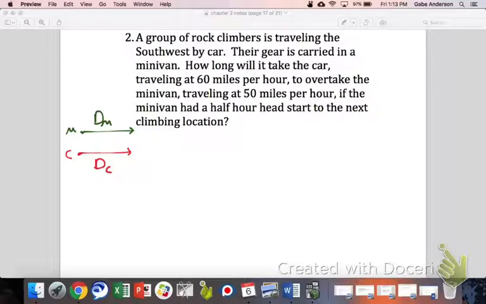And then this is always kind of the challenge, to try to write an equation that will be helpful for us. So what can we say about those distances in relation to each other? Like an equation, literally something with an equal sign. Katie, what do you think? D_M equals D_C. That's right. Distance of the minivan equals the distance of the car.